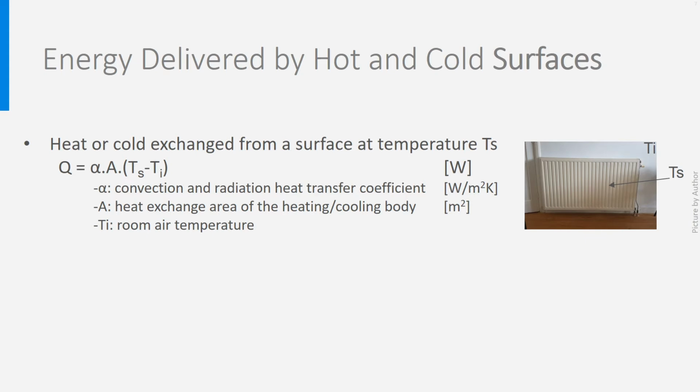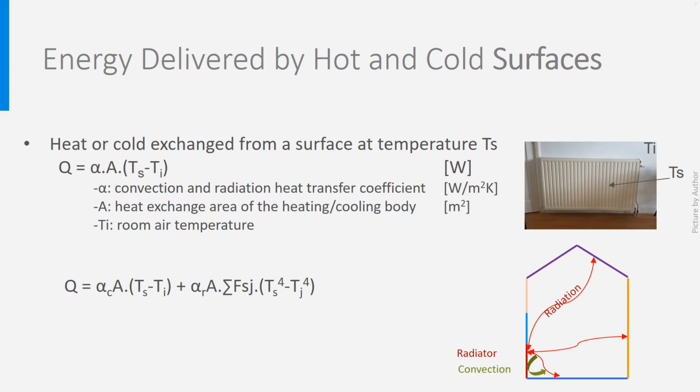You see here the equation with the convective part in the first term and the radiative part in the second term. When the temperatures of the surrounding surfaces Tw are close enough to each other, the heat transfer can be linearized using just the simple temperature difference between two surfaces.